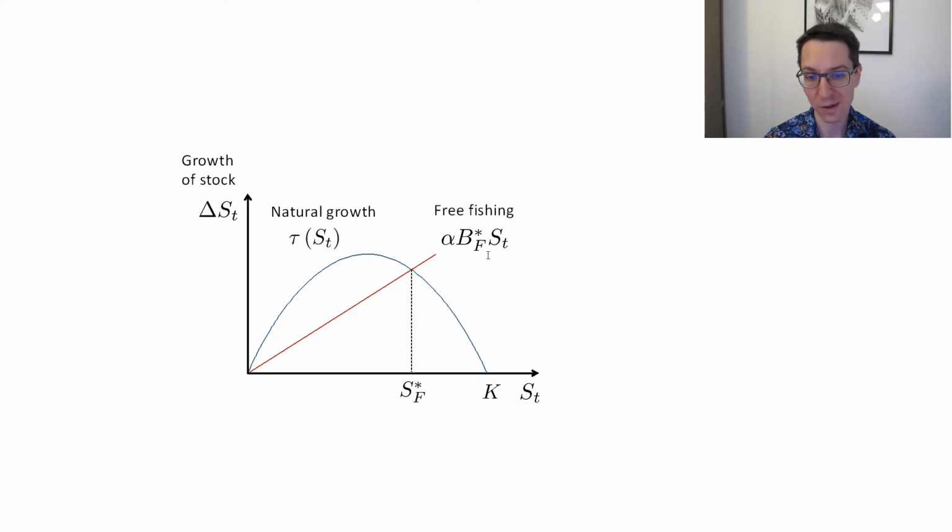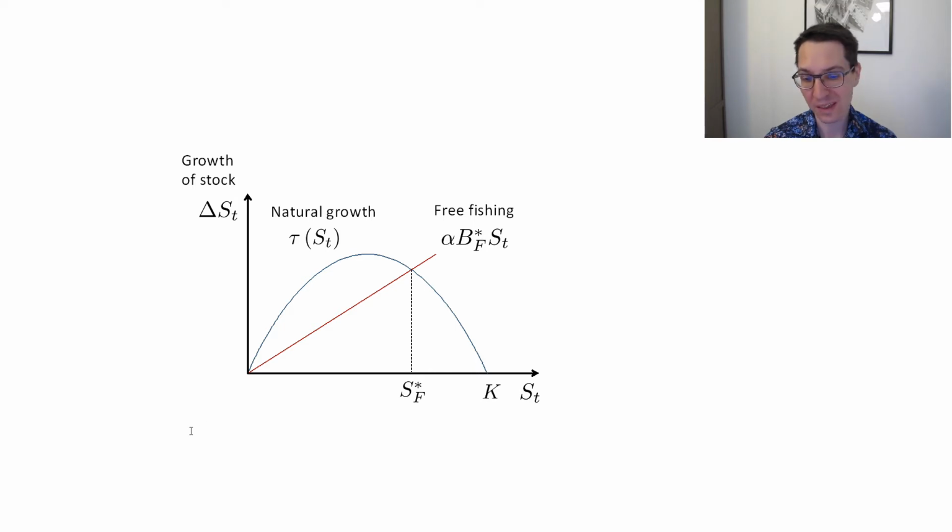Well, as you can see, it's simply a linear function of the stock of fish. So the more fish in the ocean, the more catches there are going to be. And so I can just draw this red line here. So the slope is alpha B star F.